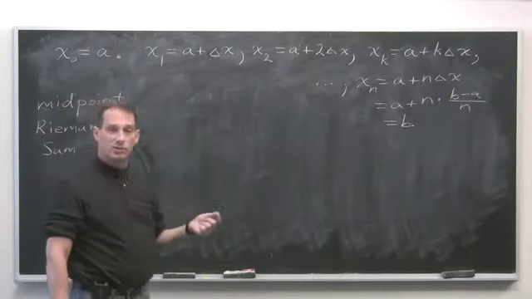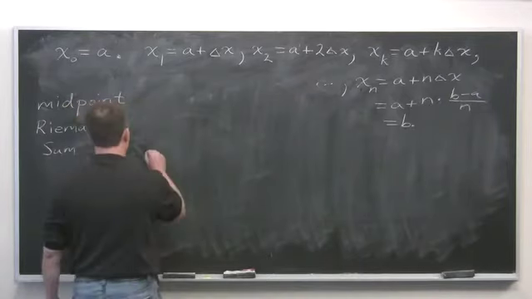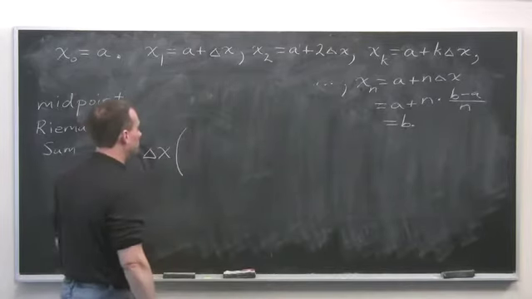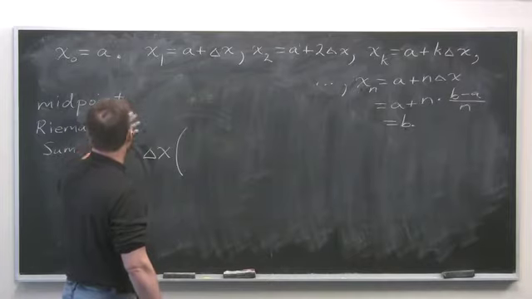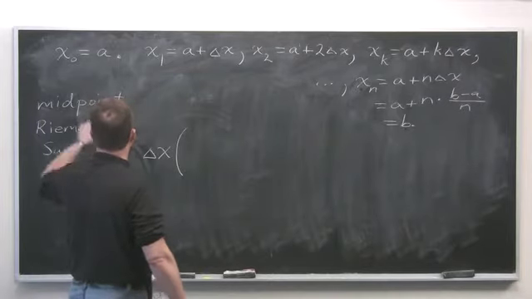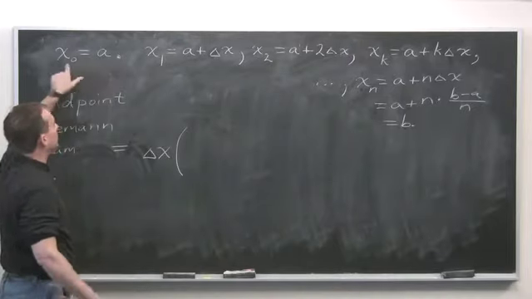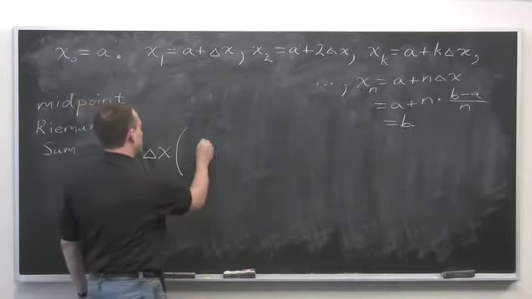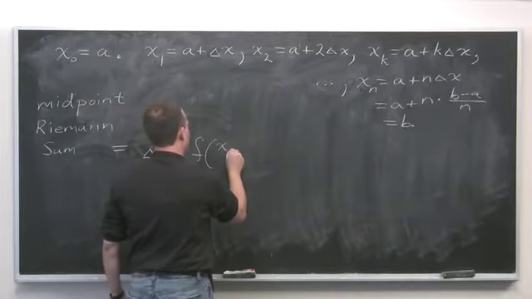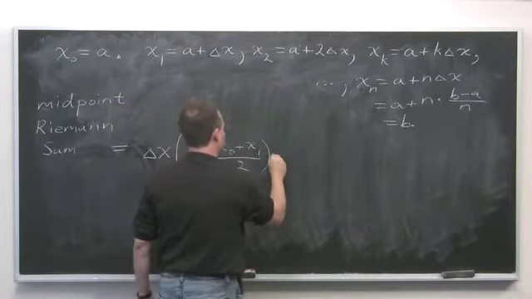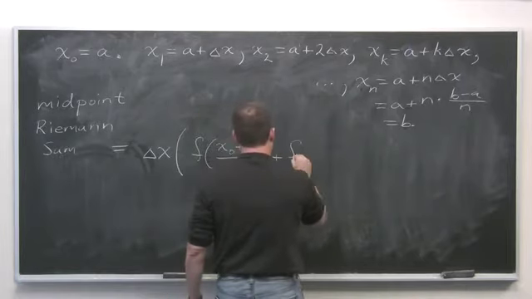But since delta x is the same each time, we can factor that out. And you get delta x times the value of the function at the midpoint of each subinterval added together. Well, how do you get the midpoint of the first subinterval? You add x0 and x1 and divide by 2. So this is f of (x0 plus x1) over 2 plus, and then this just keeps going.